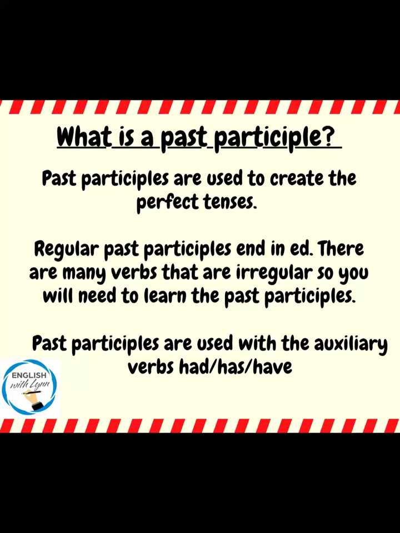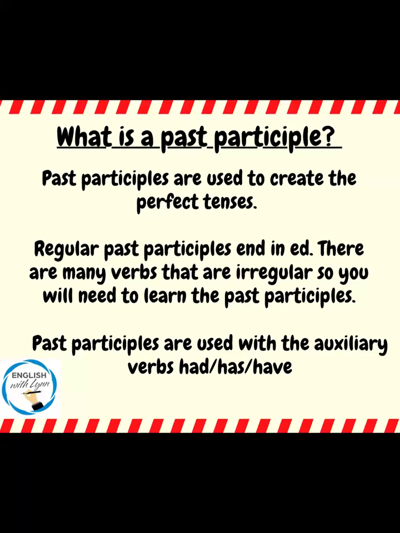Okay, and you will just need to learn all of those past participles because they don't always follow the rules, but I tend to learn them in groups. So you would have swim, swam, swum, drink, drank, drunk. You would learn them so that you have got groups that follow certain rules.